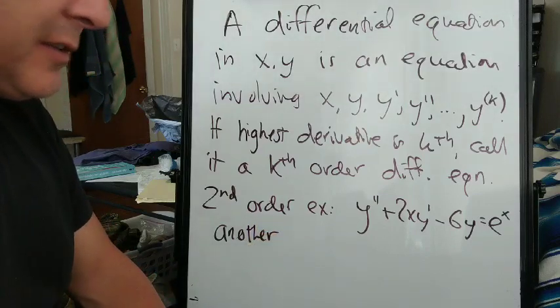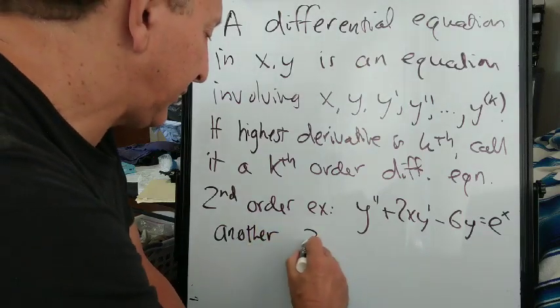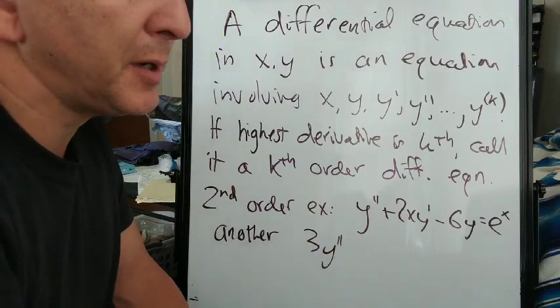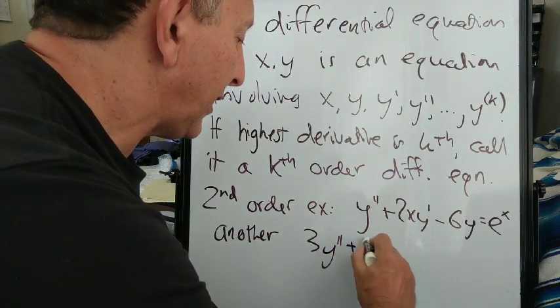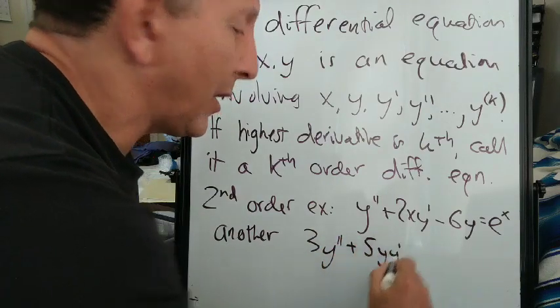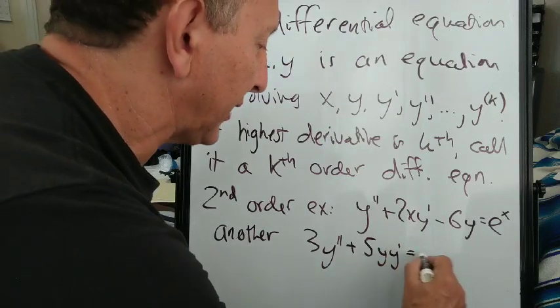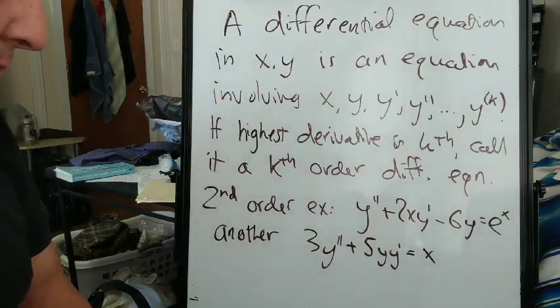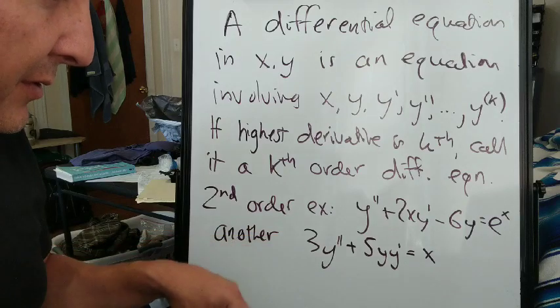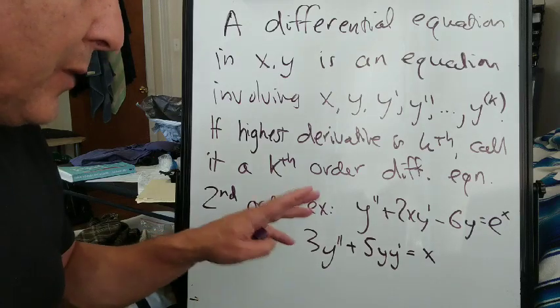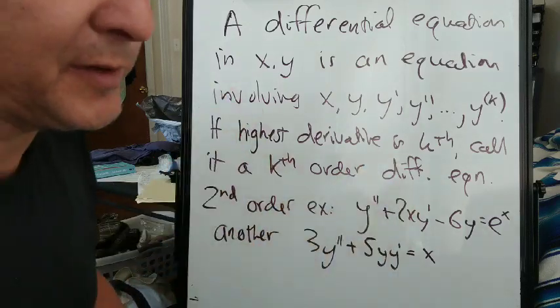Another second order example is 3y double prime plus 5y y prime equals x. So these derivatives and x can appear anywhere in the equation.